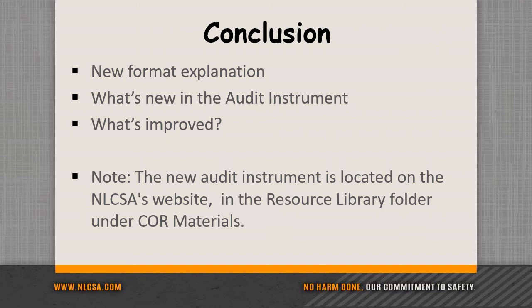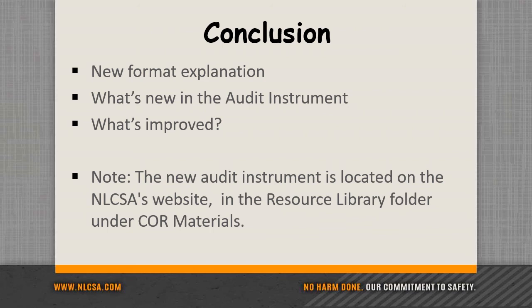So in conclusion to this webinar, we've discussed the new format, what's new in the audit instrument, what's improved, and the new audit instrument is now located on the NLCSA's website in the resource library folder under the core materials. Also, it's actually broken down into easy downloadable form.